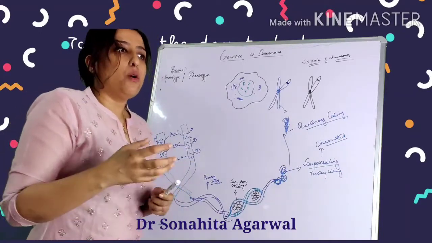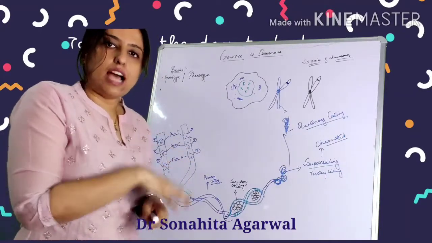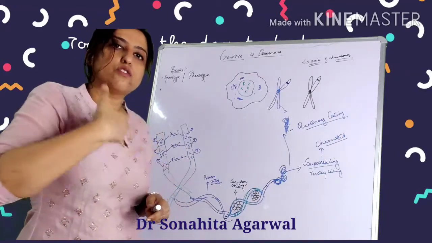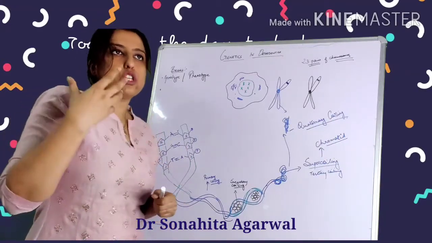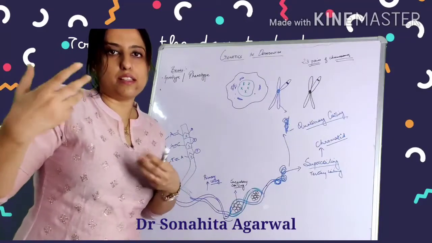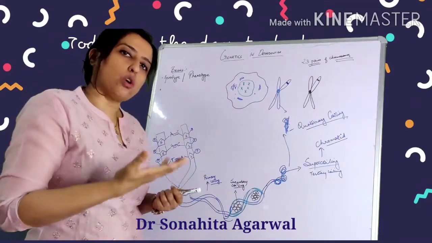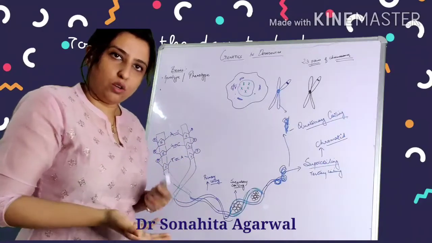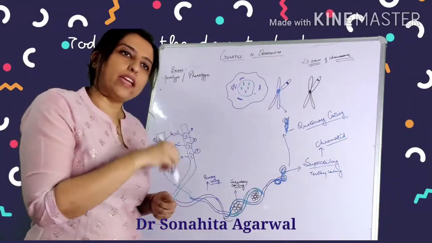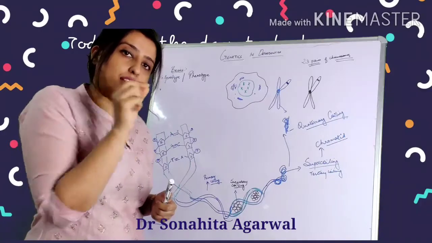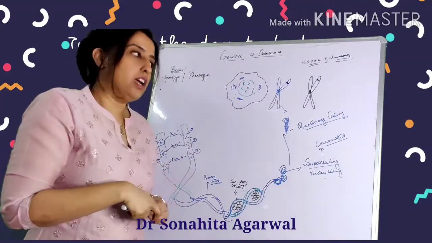Genotype means whatever is there in your genes. And when it expresses physically, if I have a gene for blue eyes and if I express it, then that is phenotype. So if a person is tall, that is his phenotype, and the gene that is responsible for that is the genotype of that individual, right?